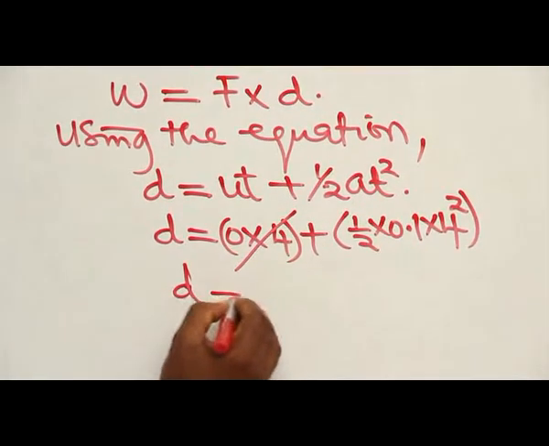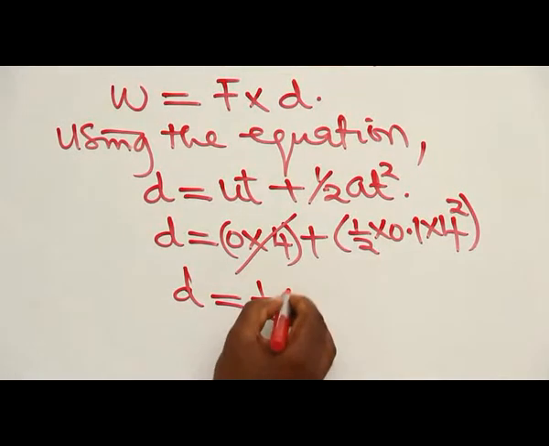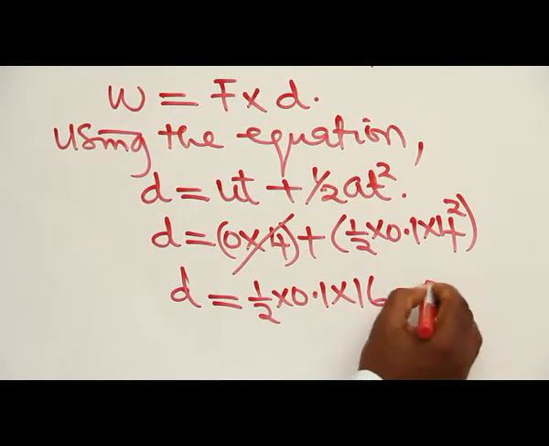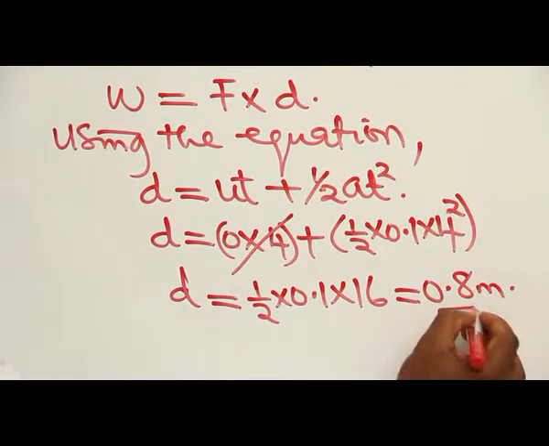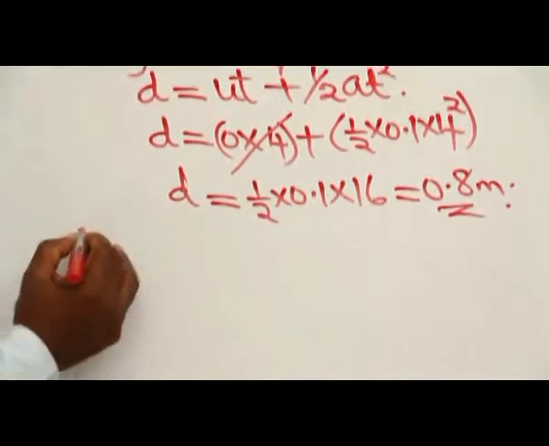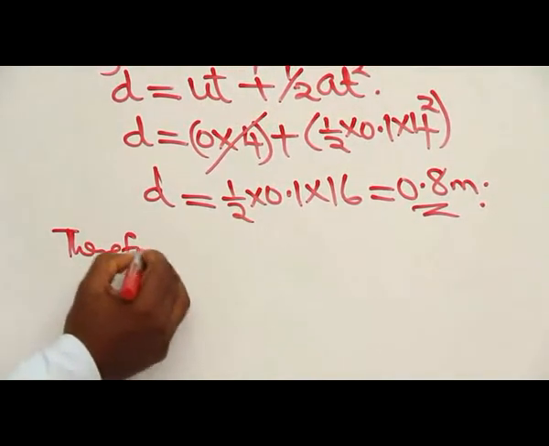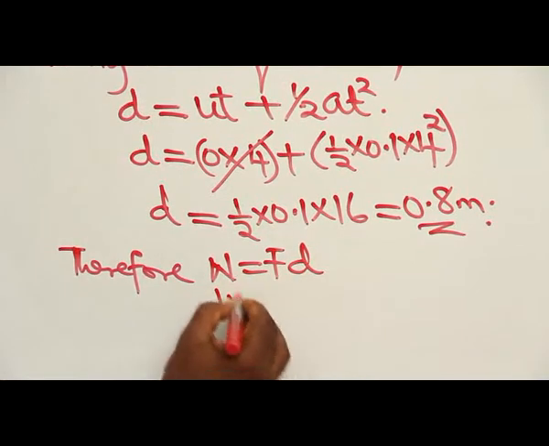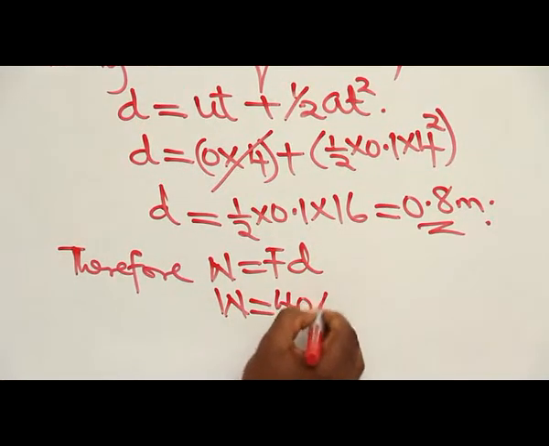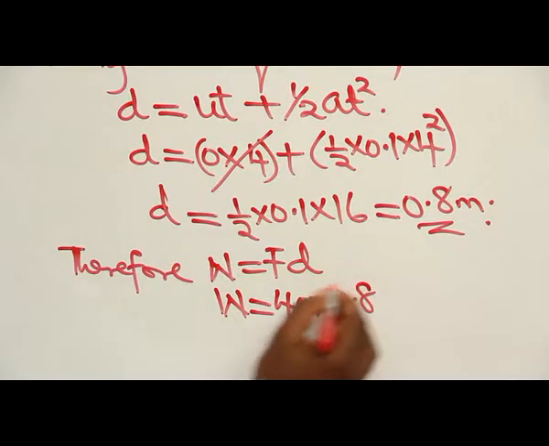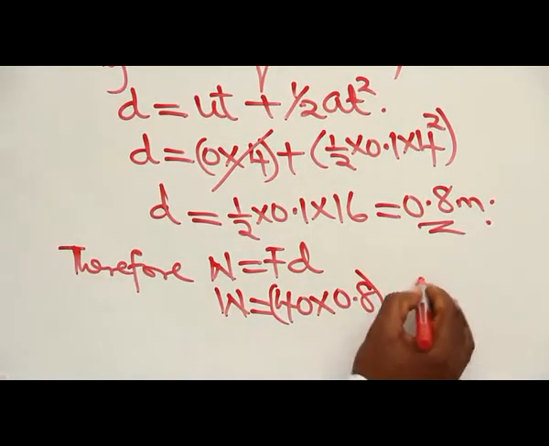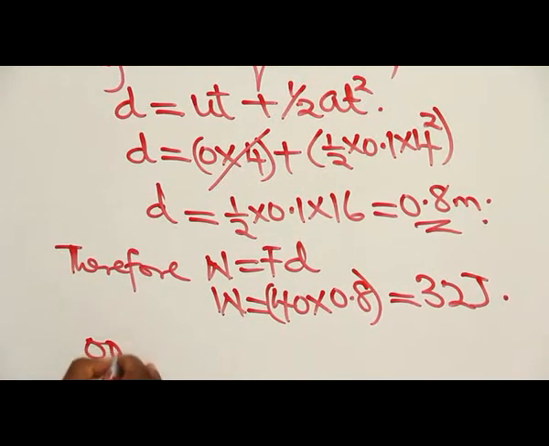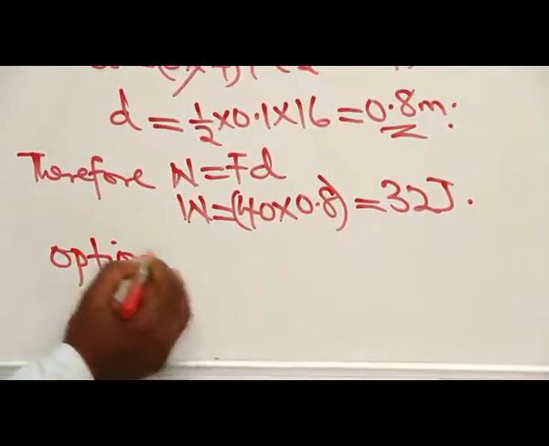The distance covered is equal to half of 0.1 times 16. That will give us 0.8 meters. Therefore, the work done, which is force times distance, is given by 40 times 0.8, which is 32 joules. Option C is therefore correct.